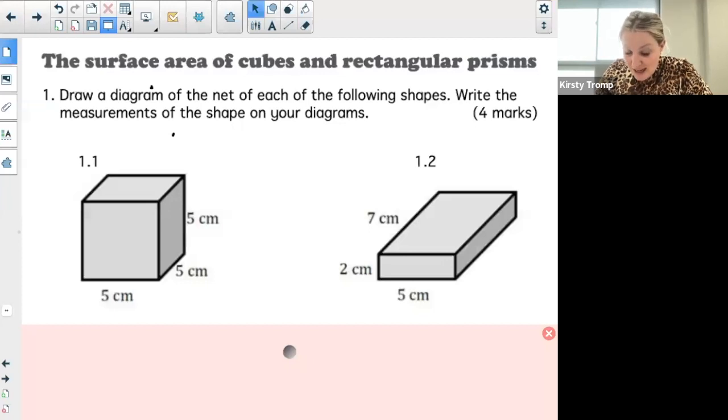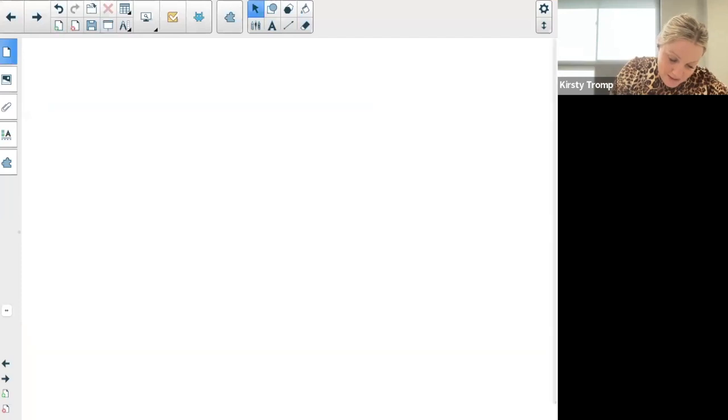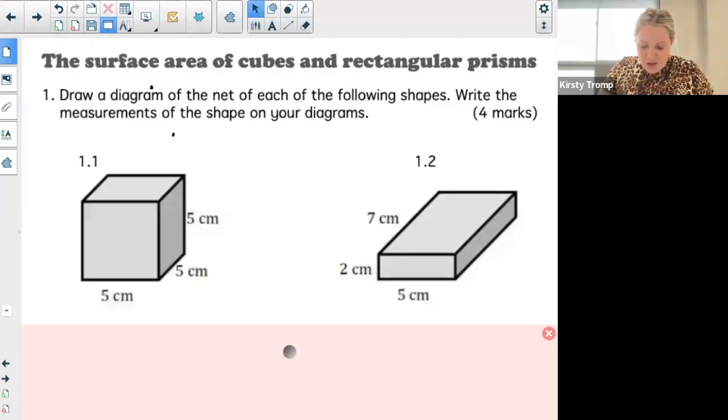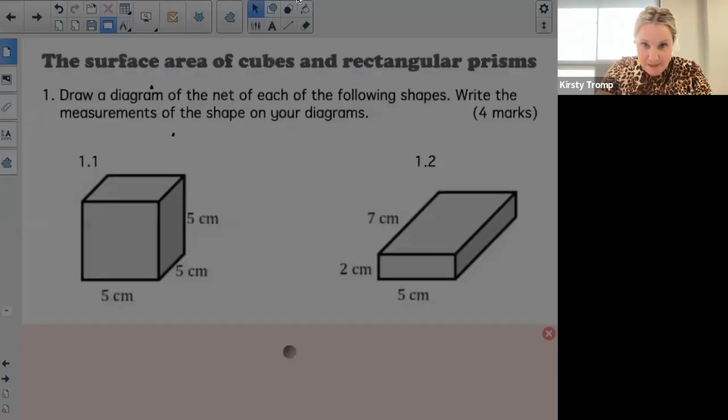So we've got this rectangular prism next to us now, all right? And we're going to go and draw a net of this rectangular prism, guys. Because Teacher Kirsty's memory is not always so great, I'm going to take a picture of it quickly. All right.